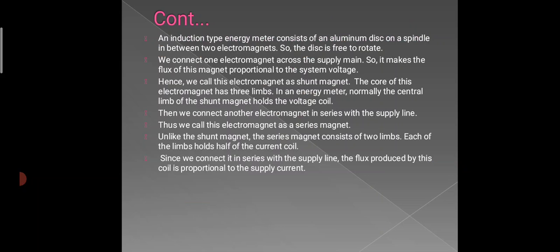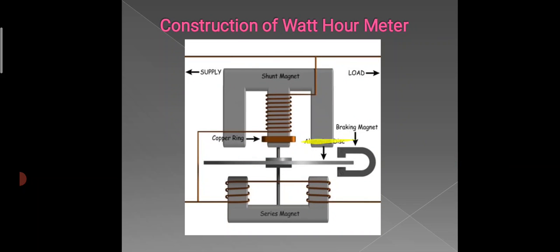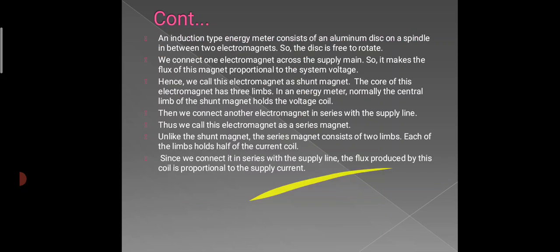An induction type energy meter consists of an aluminum disc on a spindle between two electromagnets, so the disc is free to rotate. Here we see the aluminum disc, which rotates between these two electromagnets.